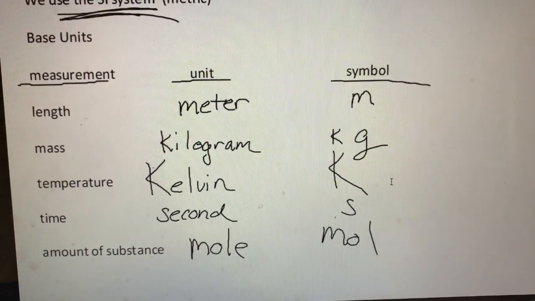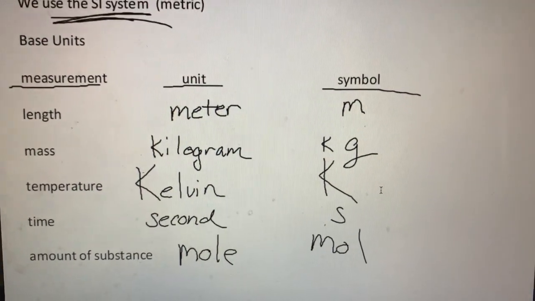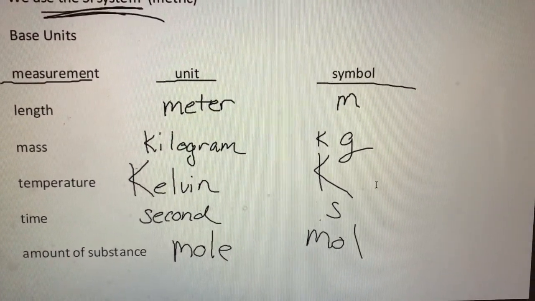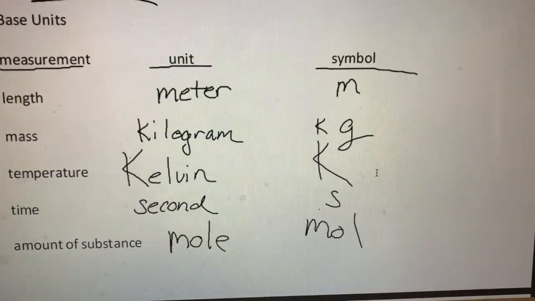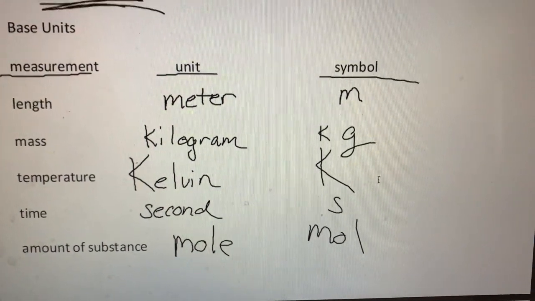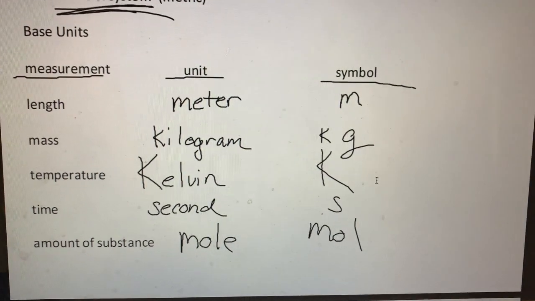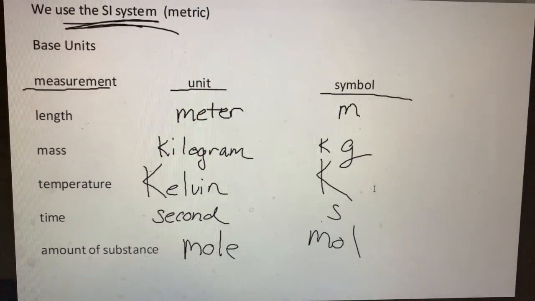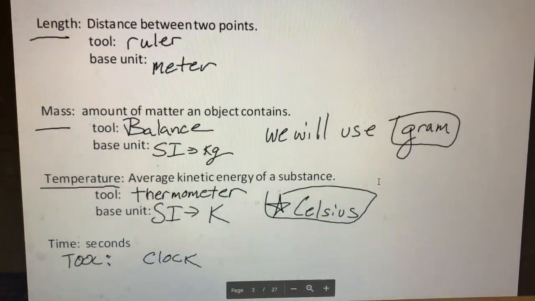But we will be dealing in grams quite a bit, and we'll talk about that in a moment. For temperature, according to the SI system, we use the Kelvin scale. That gets the symbol capital K. Time is typically in seconds. All right, and amount of substance, which we're going to talk about a whole lot later on in this class, is a mole.